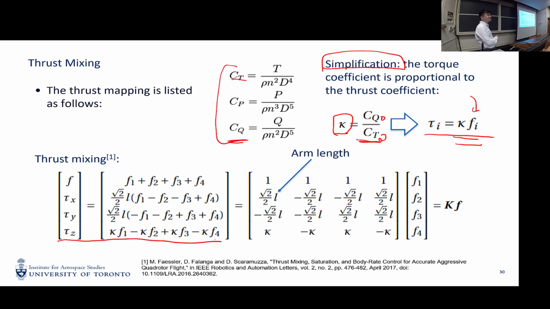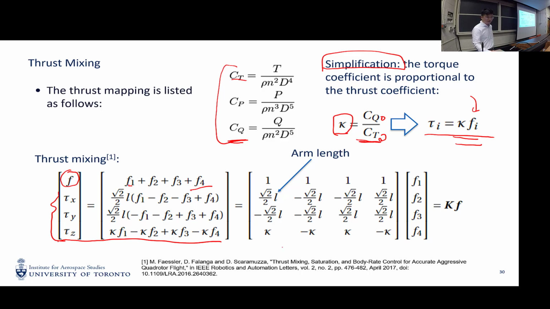By using this simplification and this linear relationship, we have the following formula. This is called the thrust mixing formula. Here F is the desired lift, so it's like the total lift on the quadrotor. The tau here is the total moment on the quadrotor. And F1 to F4 are the individual lifts on each propeller.